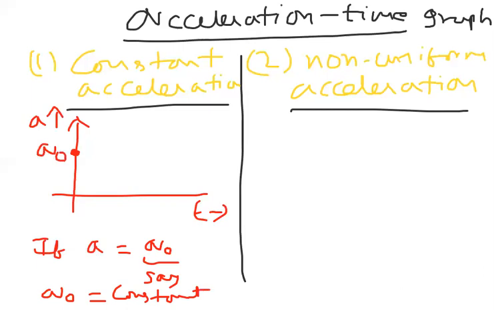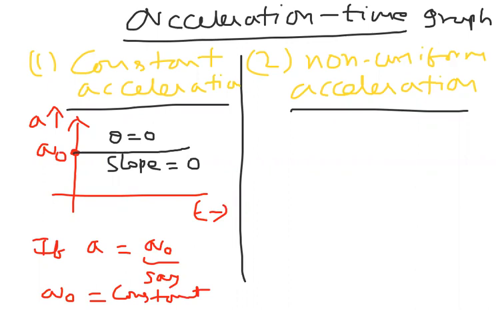The graph we get is one line parallel to the x-axis. Parallel to x-axis means theta is equal to 0, slope is equal to 0. There is no slope here.